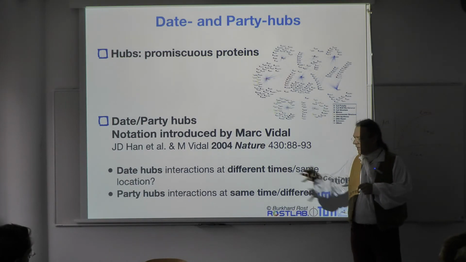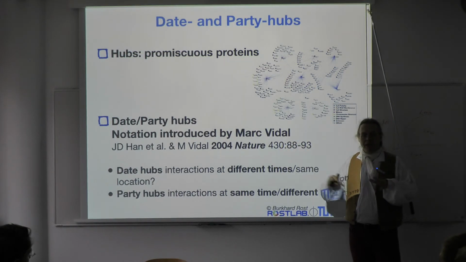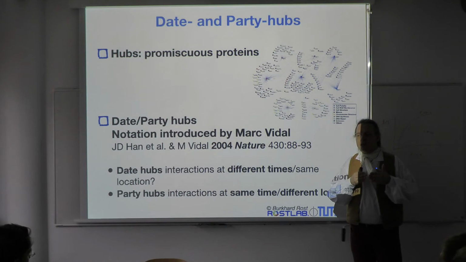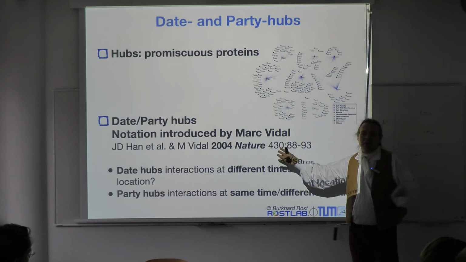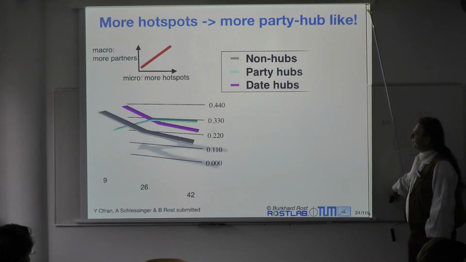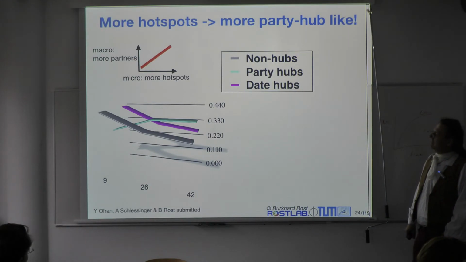So there's somebody there, and somebody behind you, you're talking to all of them. So the party hub is like a transcription factor. It is a protein that at the same time binds to many other proteins with different binding sites. And now we are clear, right? So this means that in principle, what we would expect is that the party hubs have more binding sites.